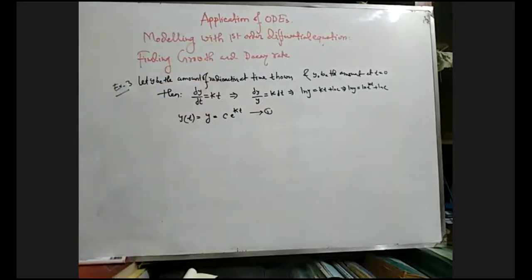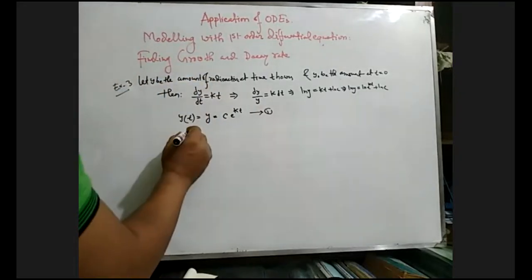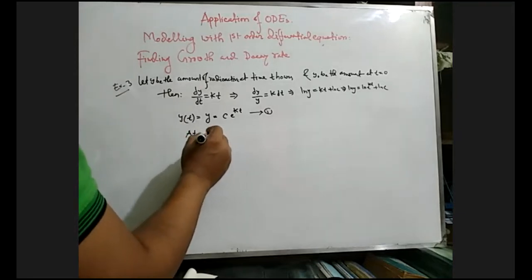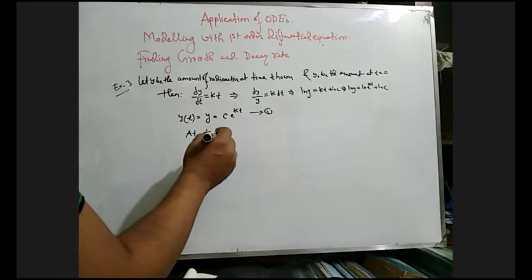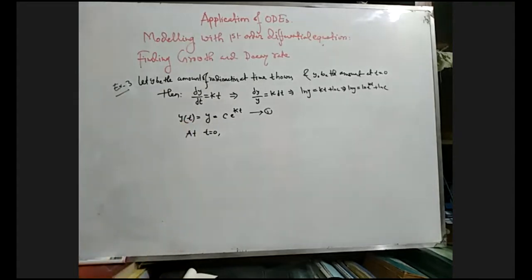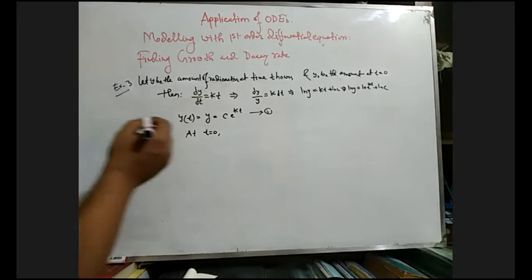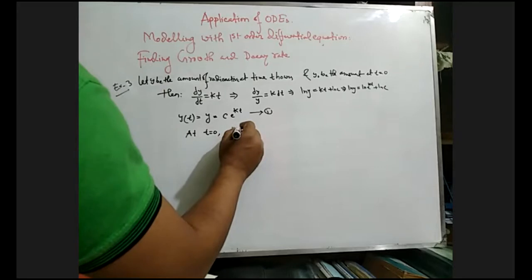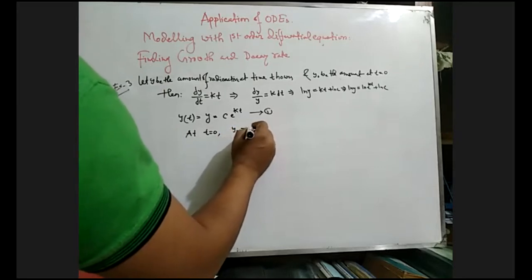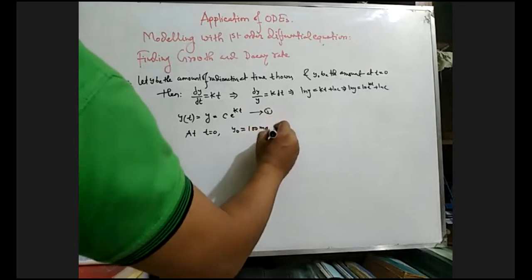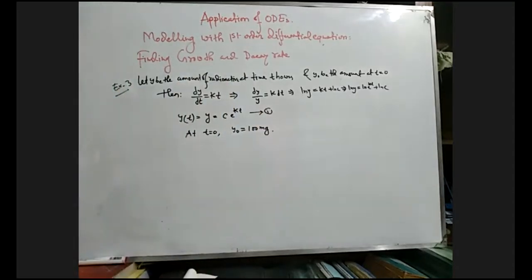Now, at time t equals 0, at initial time, the amount of the radioactive substance is what? At t equals 0, y0 equals what? 100 milligram. Okay, 100 milligram.